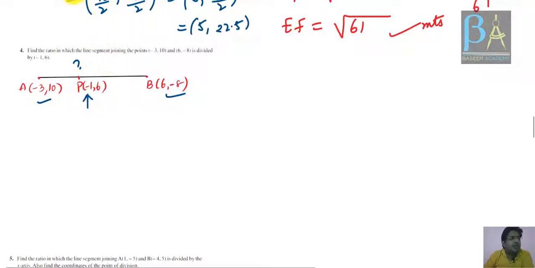So what are we going to do? We just need to use the section formula. Let us write the section formula.